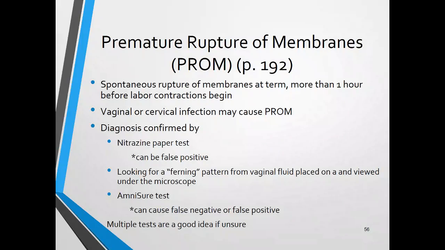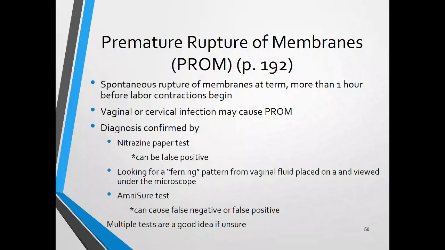That is just looking at the pH on a piece of paper, and if that piece of paper turns blue, then it's saying, okay, you may be ruptured. But there are a lot of things that can cause a false positive, just because all it is testing is pH. So if a patient had sex recently, sperm can actually change that pH. So there's lots of different factors.